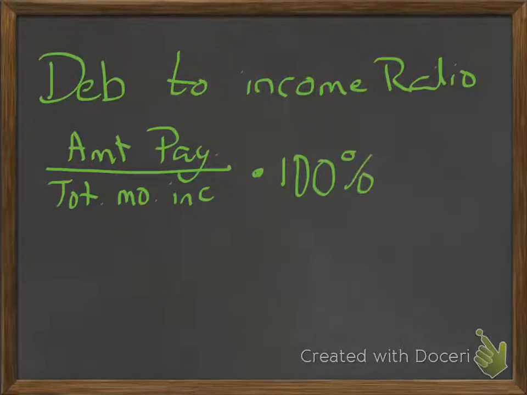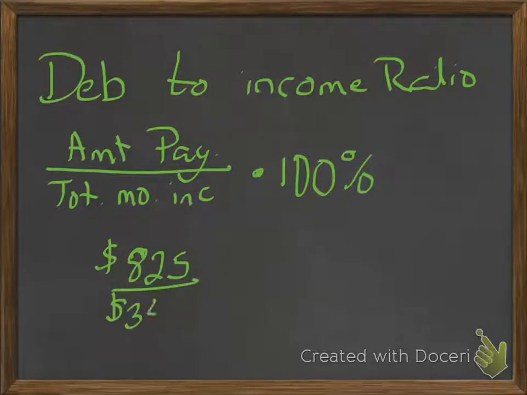So in our scenario, we had $825 in monthly payments and $3,450 in total income times 100 gives us a debt to income ratio right now currently of how much?